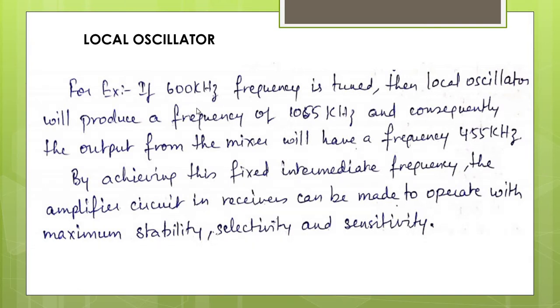This 600 kilohertz is the signal from the RF stage and the IF frequency is 455 kilohertz. When both of these are subtracted, the output of the mixer will have a frequency of 455 kilohertz. The amplifier circuits in the receivers can be made to operate with maximum stability, selectivity and sensitivity if this intermediate frequency of 455 kilohertz is achieved.